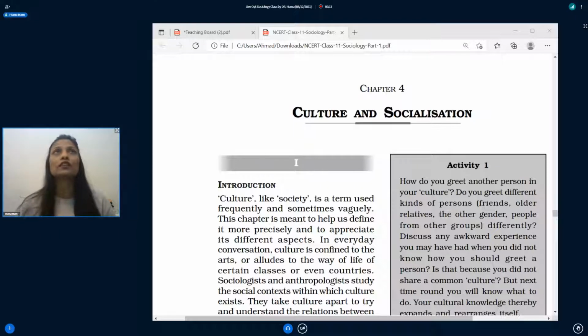One suggestion to tell you how you can make sociology very simple. In sociology we are dealing with concepts, with a basic understanding of our society. Every individual has some understanding of their environment.